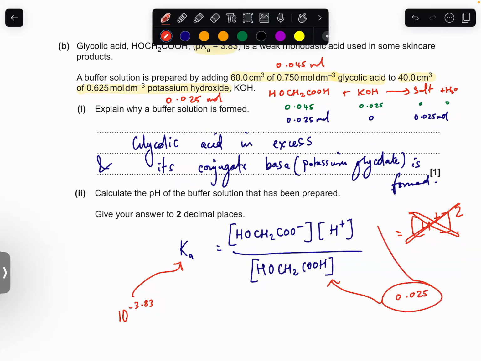Where did I get that from? From over here. Divided by the total volume. The total volume is 40 plus 60, that's 100 centimeters cubed, in decimeters cubed.